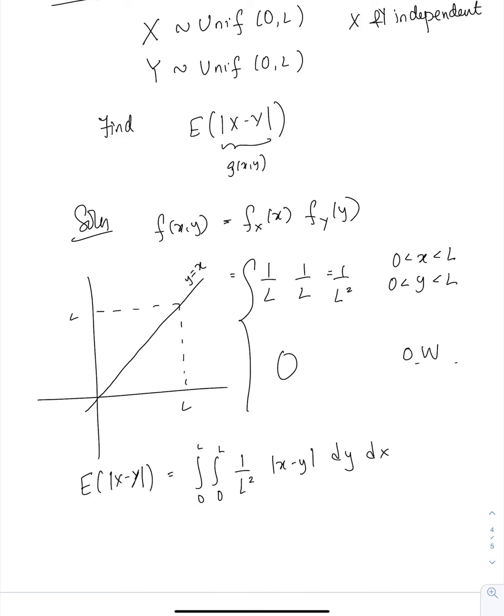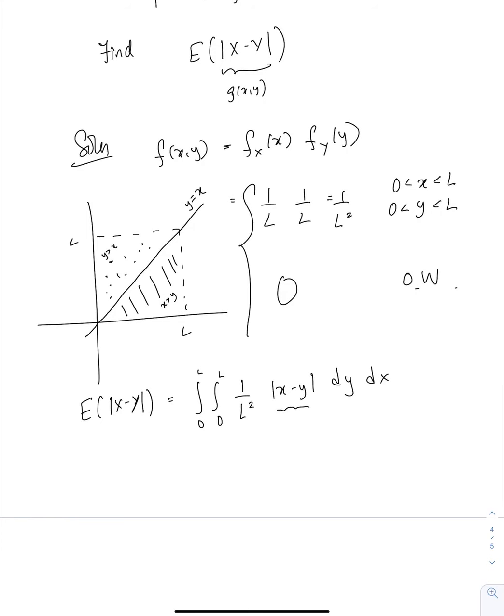Well, we cannot integrate the absolute value, so just like you did in Calc 3, we're going to parse through this. What do you have? In this bottom region, what will you have? You'll have x is bigger than y, okay? And in this dotted region, y is bigger than x, and over here, x is bigger than y. So that's all you need to do. You just break it up into two different regions, okay?